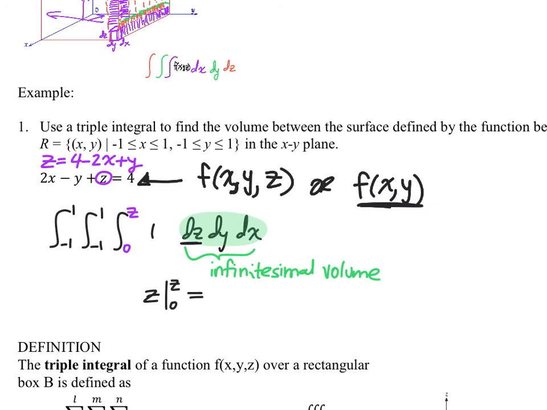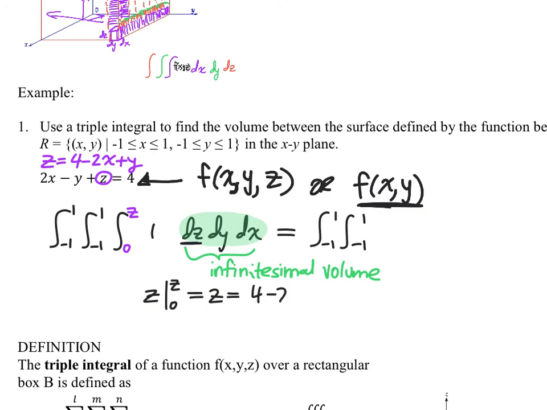Okay, so that's just z. And that's a general rule.